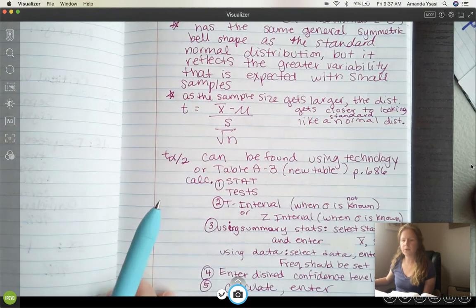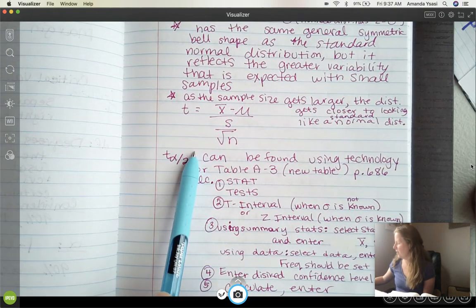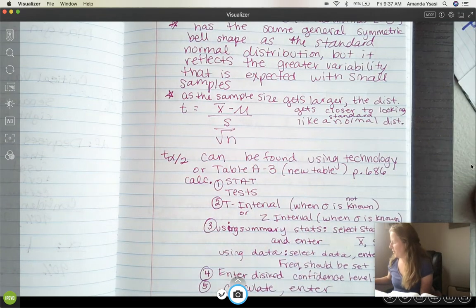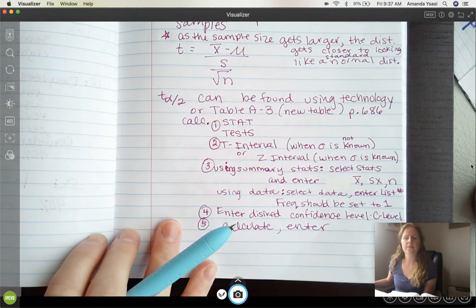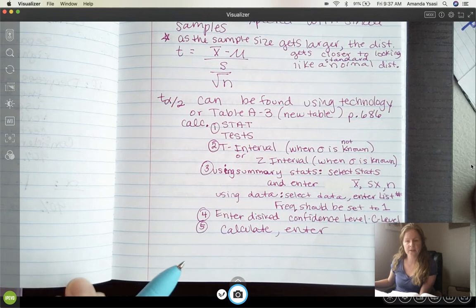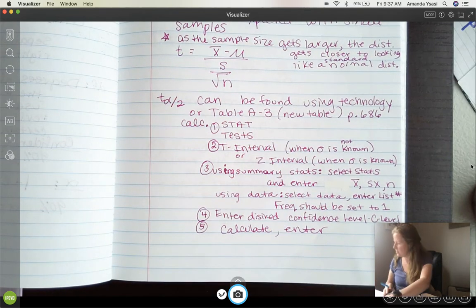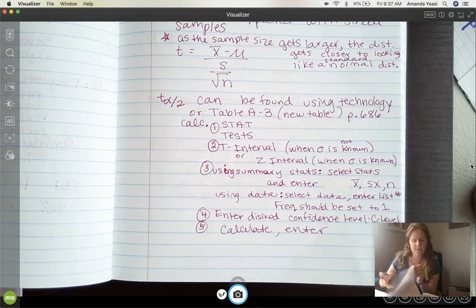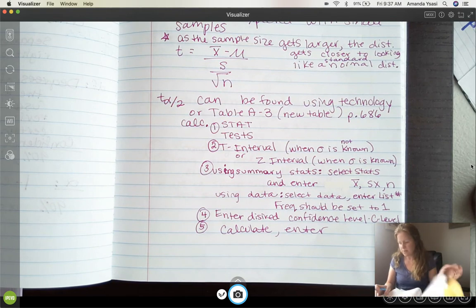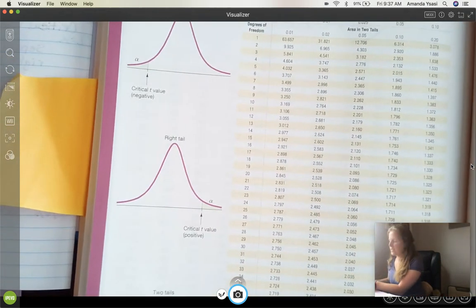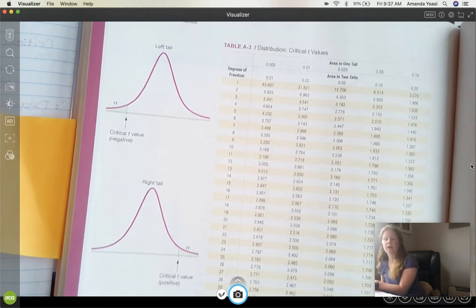And we will use t. This is how we find the t value, and that's our formula. We can use the calculator to do this, and we can also use Table A-3 on page 686, which is the t distribution critical values.